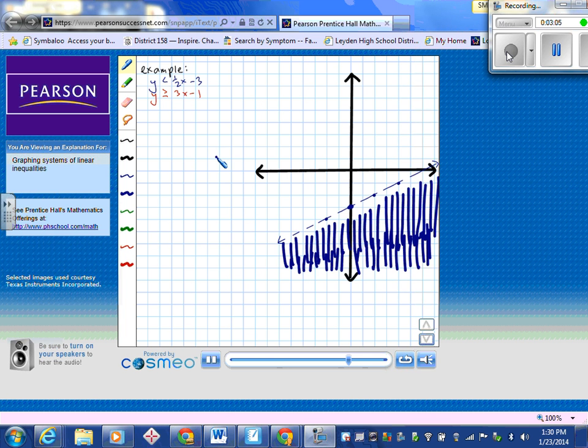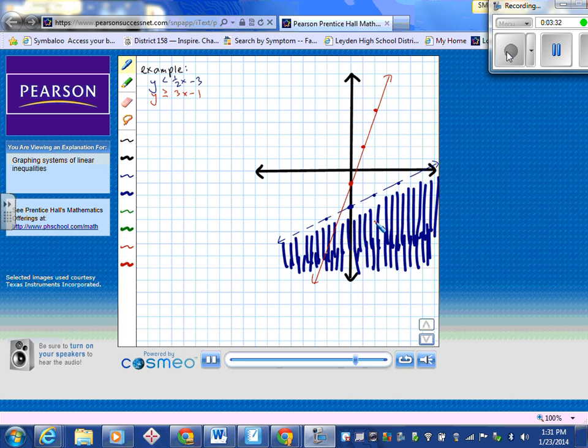I'm going to do the same thing with y is greater than or equal to 3x minus 1. So here's our y-intercept at negative 1. And I'll go ahead and mark a couple of points. It'll help us to determine our line here. And now I'll go ahead and graph it. And you'll see that because we're dealing with a greater than or equal to, this line is going to stay solid.